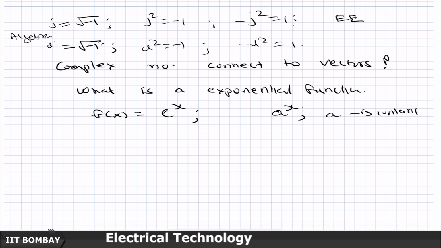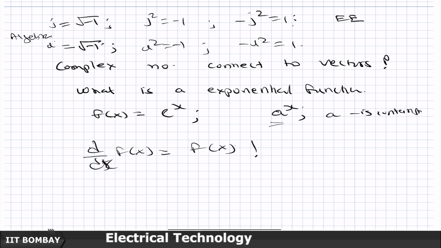Now, we are in particular looking for a function, or rather a specific choice of a, such that when we take the derivative of this function, we should get the same function. What is that function whose derivative is itself? This by itself is a very interesting question in calculus, and that is the question.